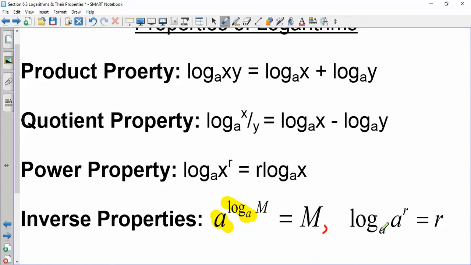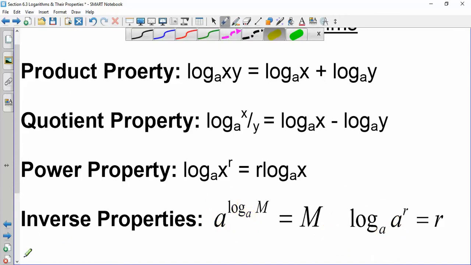Same thing true if you have the log base a of a to a power, the log base a and the a cancel and just leave us with the r. So I just wanted to show you an example of that, and then I'm done for today. A few of your homework questions are going to use these properties, and if you recognize them, it makes your problem really easy to solve.